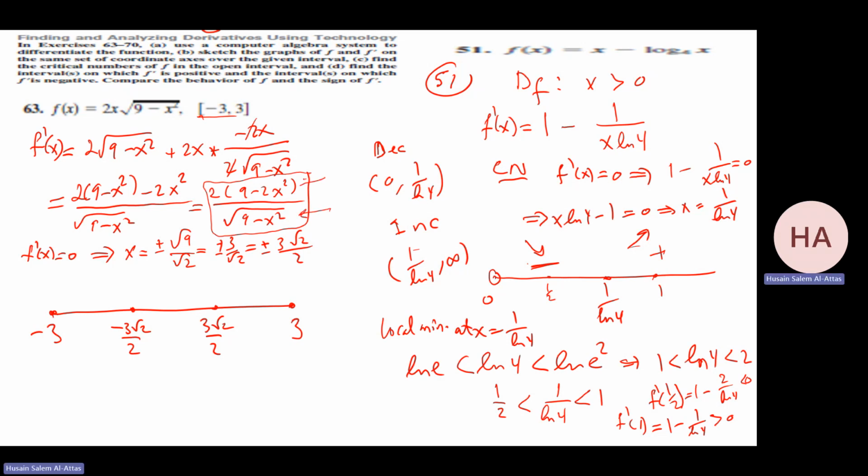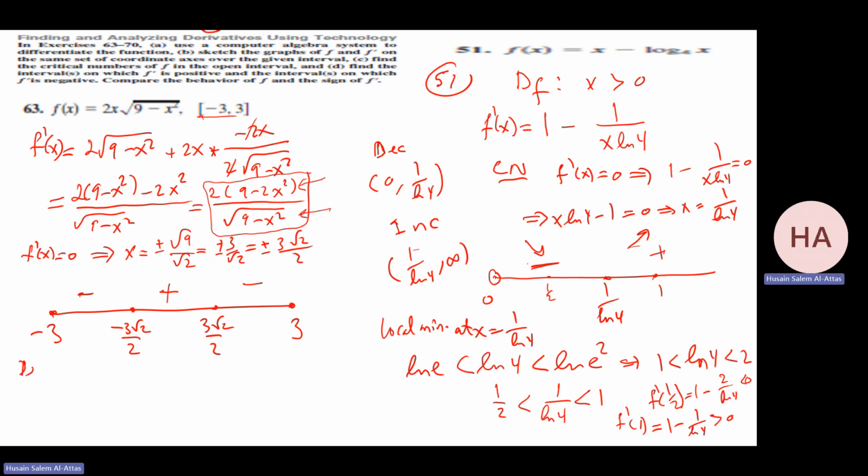So my control is here: 9 minus 2x squared. At 0, for sure, it's positive. Take a value 0 here. If you take a value here, less than minus 3 square root of 2 over 2, that will be negative. And this one will be negative also.